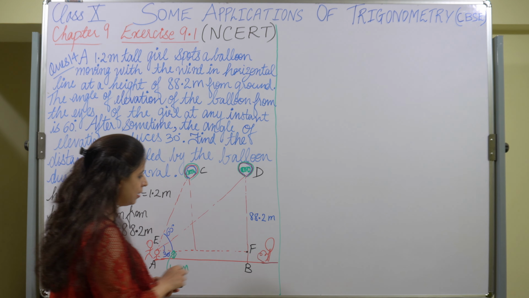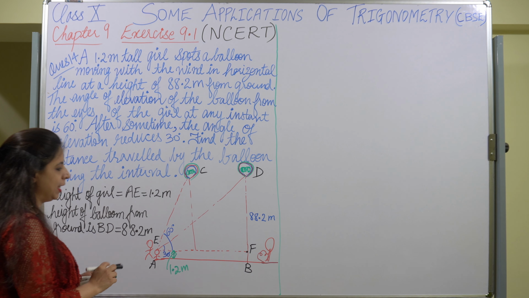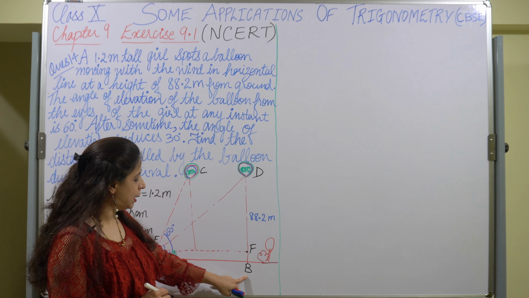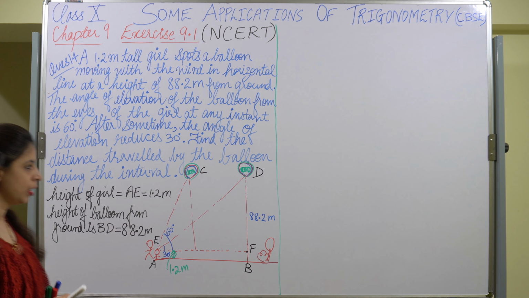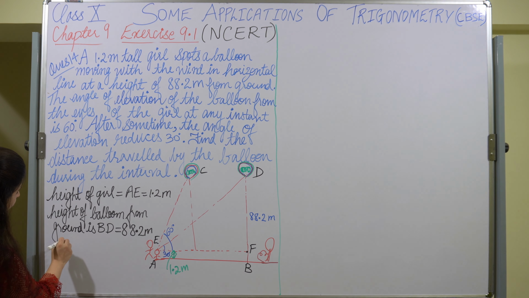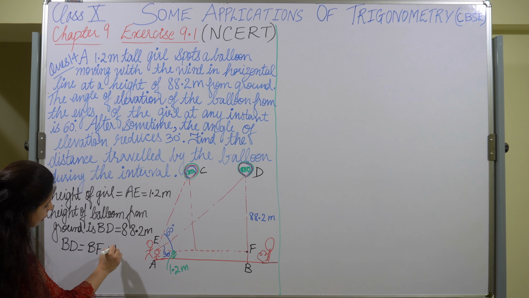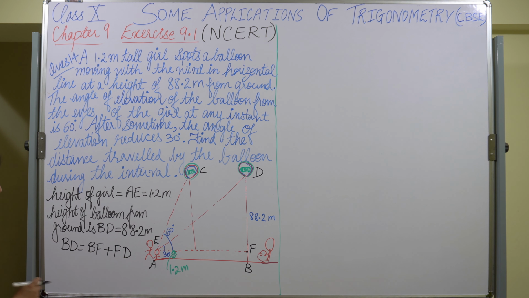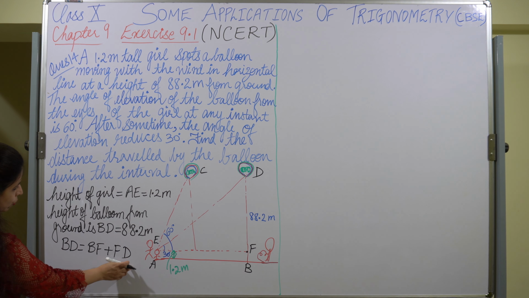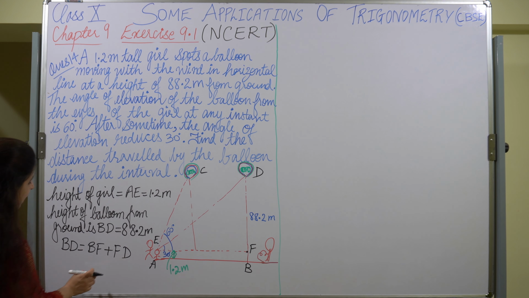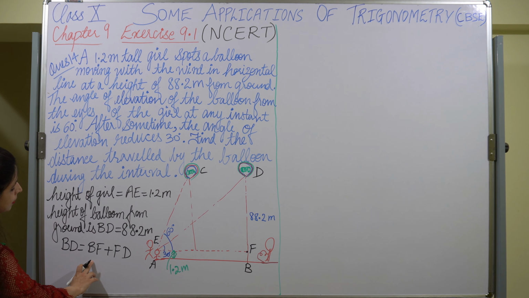So naturally my DF will be DB minus FB, because BD is equal to BF plus FD. So my FD value will be equal to BD minus BF.